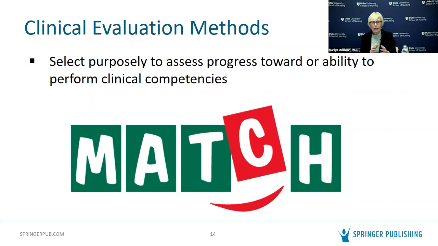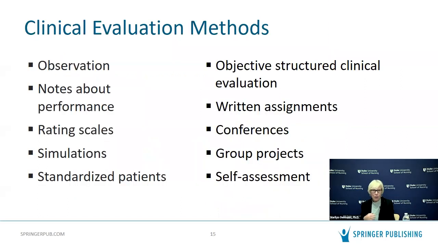And if you use the essentials, there's lots of competencies. You're not going to have one clinical evaluation method per competency. You're going to take broad competencies that link together and have a series of methods that you use to determine if students can perform that competency in your course.